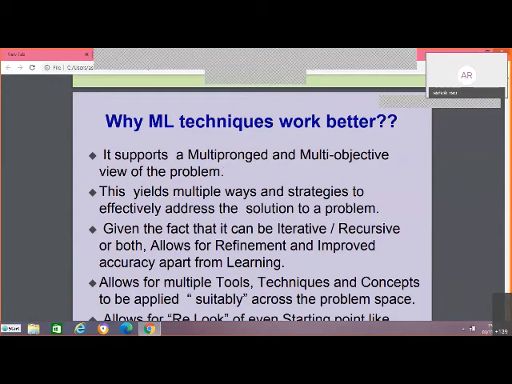So it supports a multi-pronged and multi-objective view of a problem, which means if there are 5 objectives, you may be able to solve satisfactorily using 4 of them. That may be a better solution than solving it with one objective. This yields multiple ways and strategies to effectively address the solution to a problem.